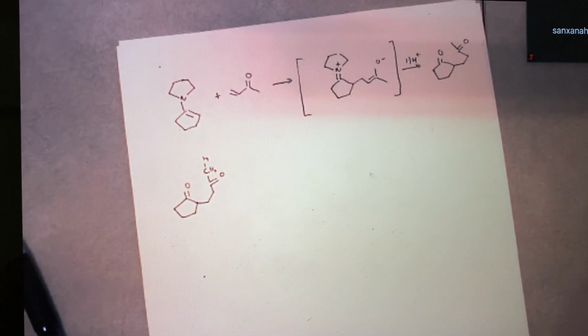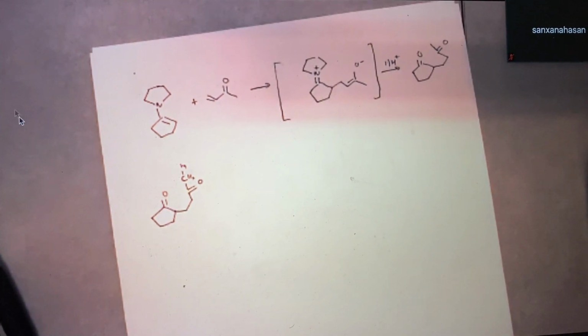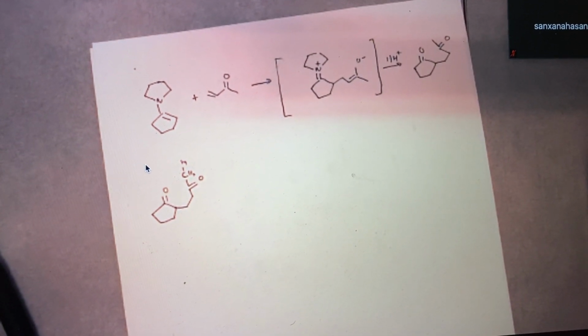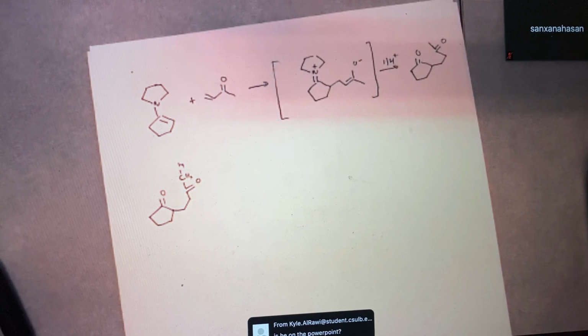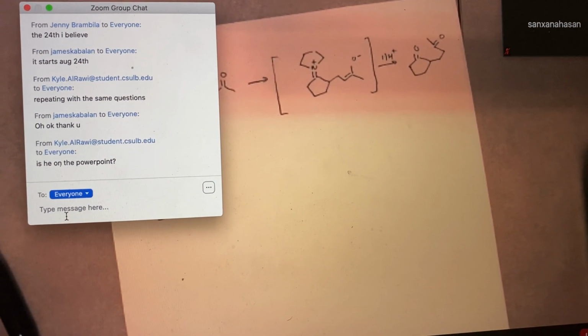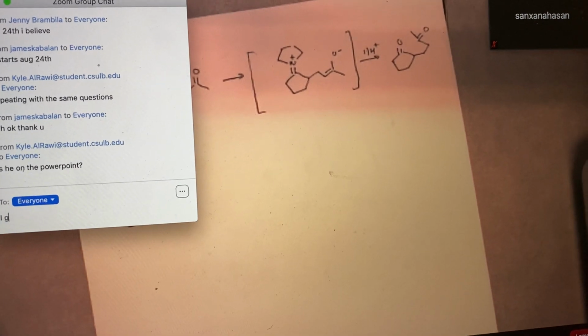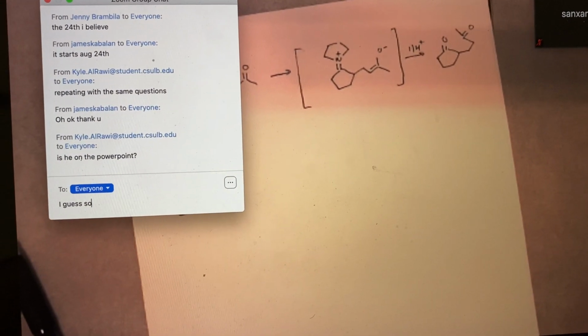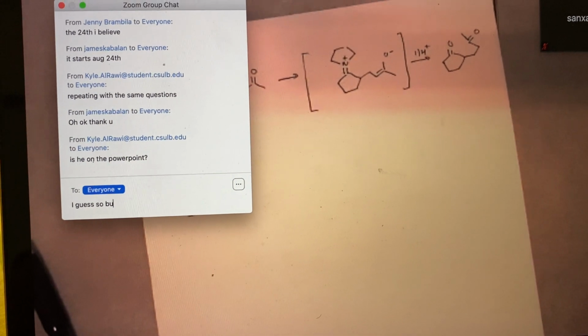So in order to make this new bond here, this is the new bond that I'm forming, the alpha and the beta bond. Every time whenever I do an aldol condensation, the new bond being made is this alpha carbon and that beta carbon, where the alpha carbon is my nucleophile and the beta carbon is my electrophile.